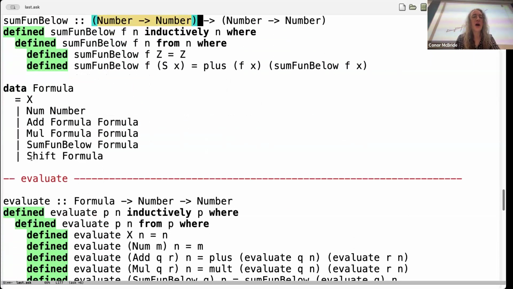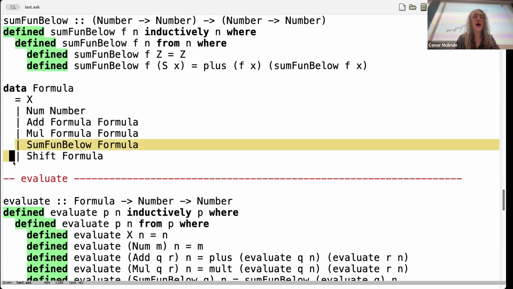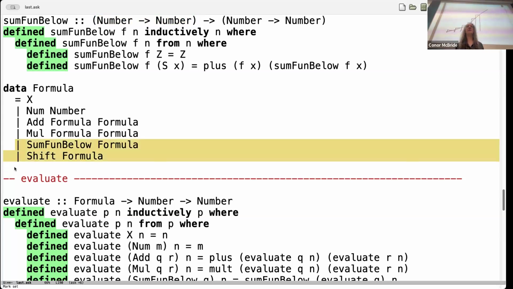So you have formulae, and what we've done here is add sum fun below and shift explicitly to the language of formulae. Remember that a formula is a lump of data which describes a function from numbers to numbers. And evaluate is the thing.